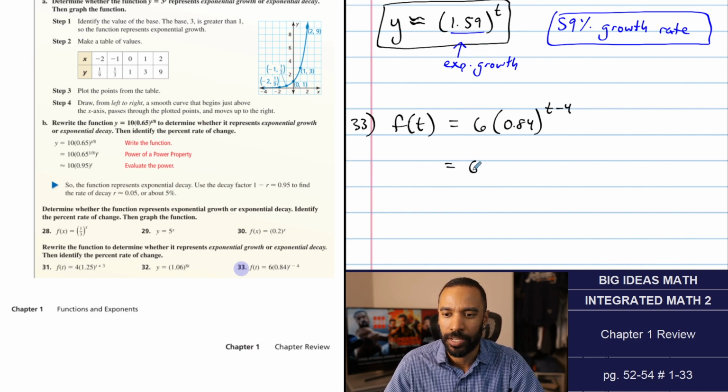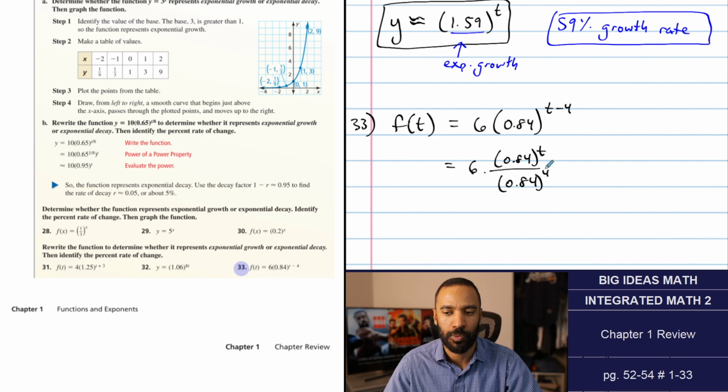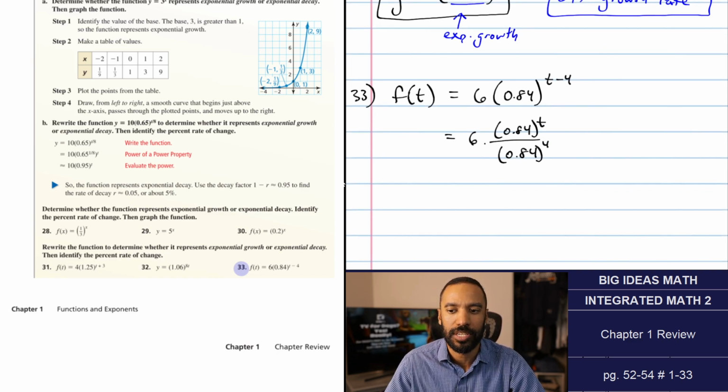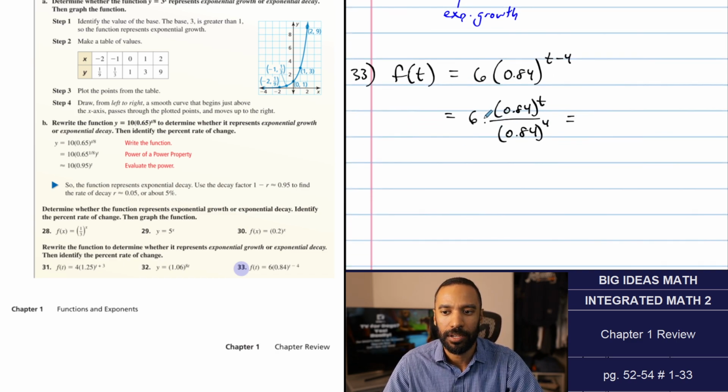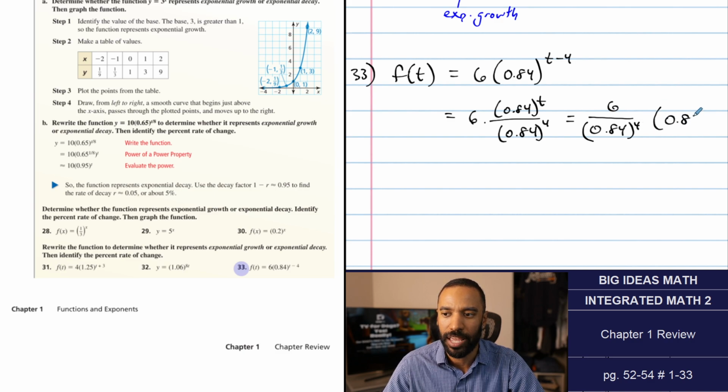That's equivalent to doing 6 times 0.84 to the t divided by 0.84 to the 4th. That's where these two would subtract. So once again, you want to use this more with the 6. I'll divide the 6 by 0.84 to the 4th power to get that value. But this 0.84 to the t power remains like this.